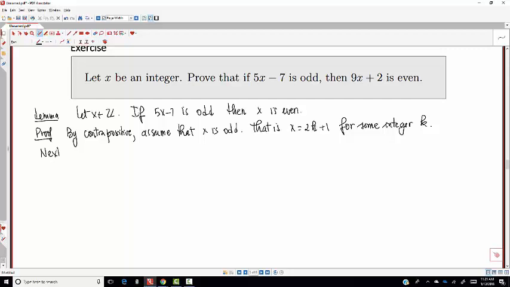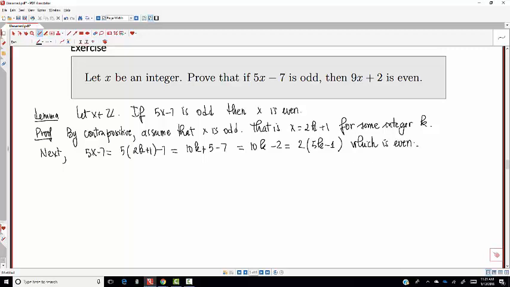Next, 5x minus 7 becomes 5 times 2k plus 1 minus 7, which is 10k plus 5 minus 7, which is 10k minus 2, which is 2 times 5k minus 1, which is even. All right, so this established that if 5x minus 7 is odd, then x must be even.